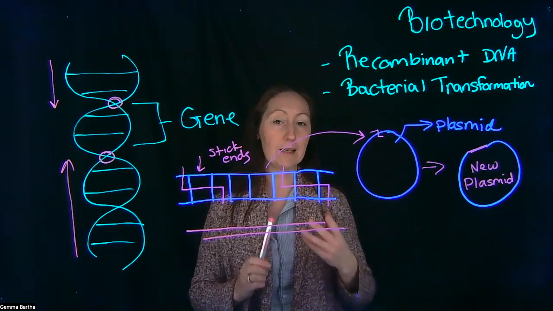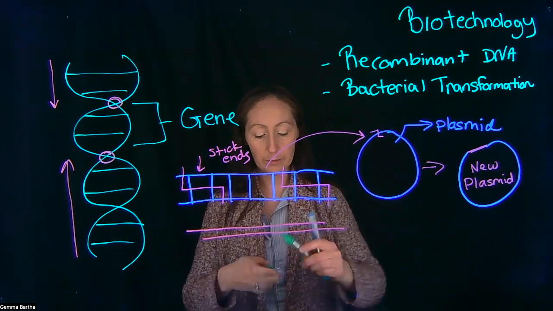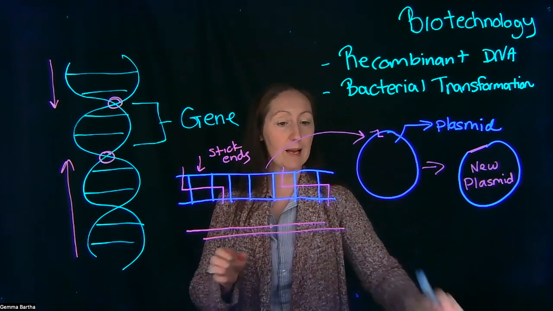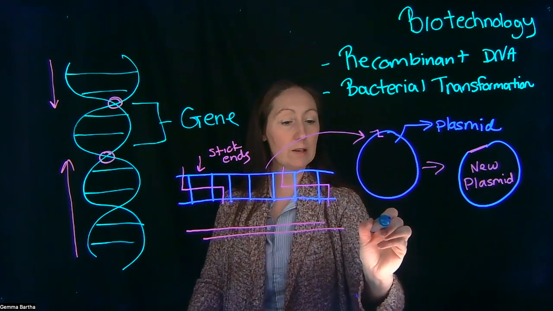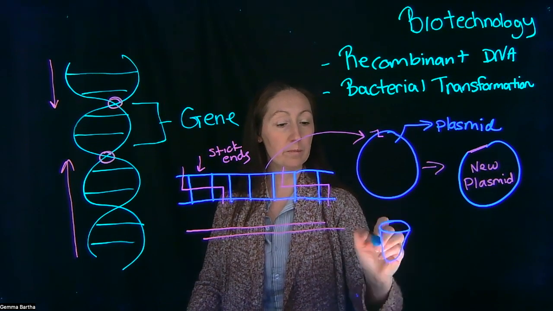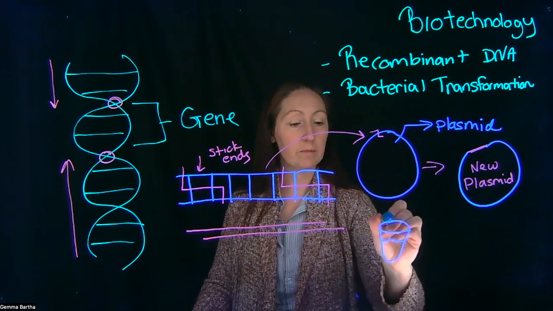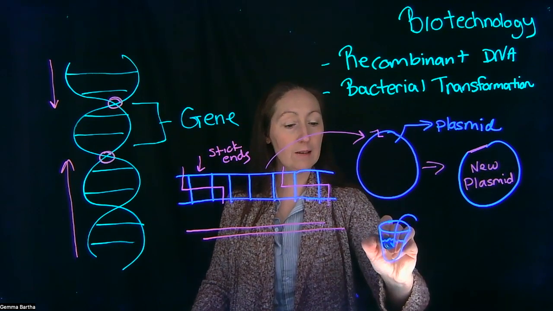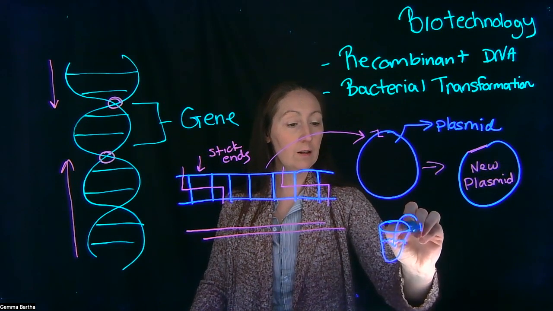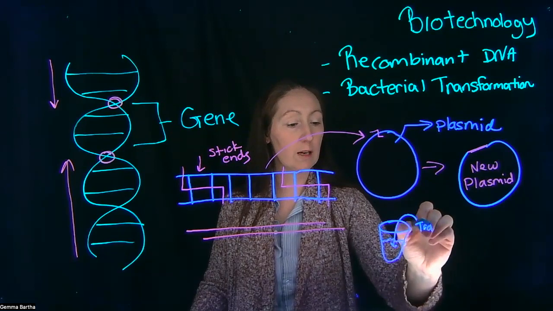This is where we have bacterial transformation. What we're going to do, we have our new plasmid, and we're going to take a vial. And in our vial, we have a couple of things. We are going to add transformation solution, which is just calcium chloride.